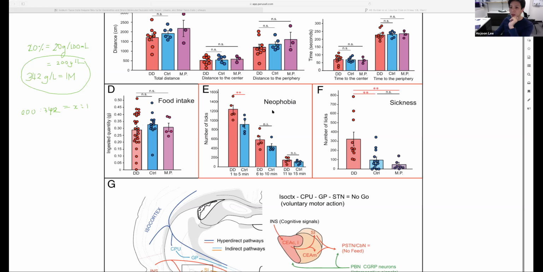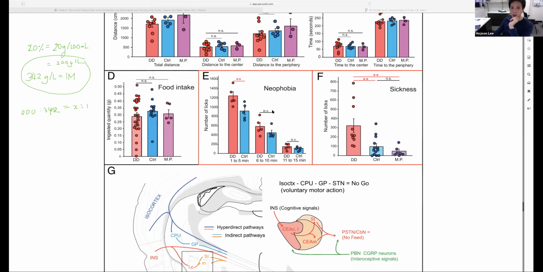So in short, that means that when you don't have the activity of TAC1 neurons, again, it's not just the entire PSTN, it's TAC1, they see that those mice will approach new foods more and consume them sooner than in control animals, and also that these animals will show less aversion to licking when they feel sickness.